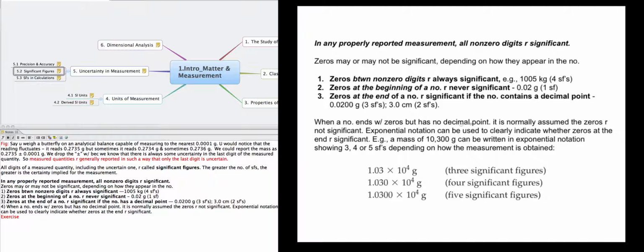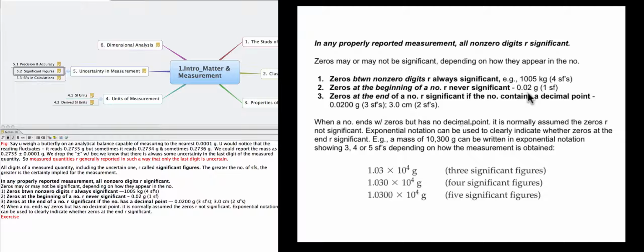Zeros between non-zero digits are always significant. So, for example, if the measured mass is 1005 kilogram, then this result has 4 significant figures. Zeros at the beginning of a number are never significant.